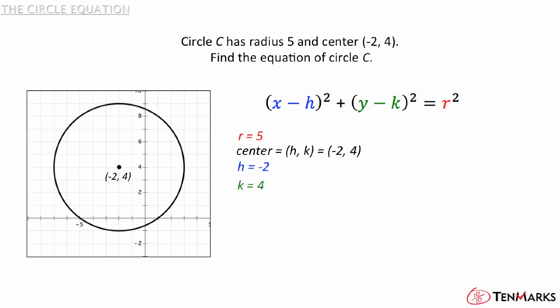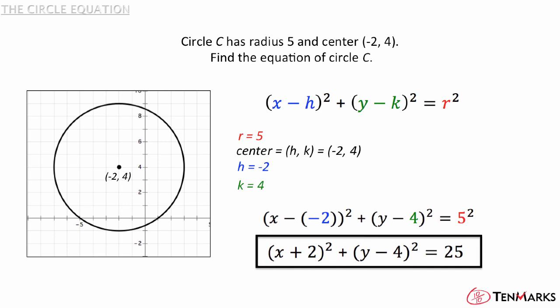Substitute these values into the formula to get (x minus -2) squared plus (y minus 4) squared is equal to 5 squared. Simplify what you can to get your final equation: (x plus 2) squared plus (y minus 4) squared is equal to 25.